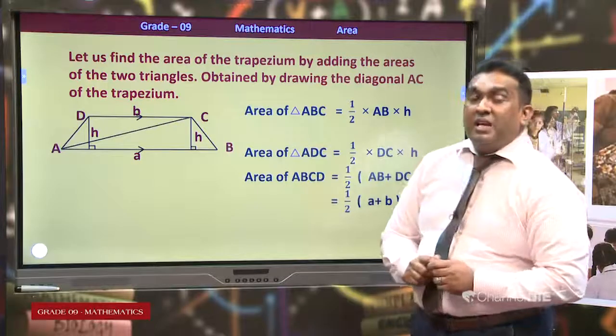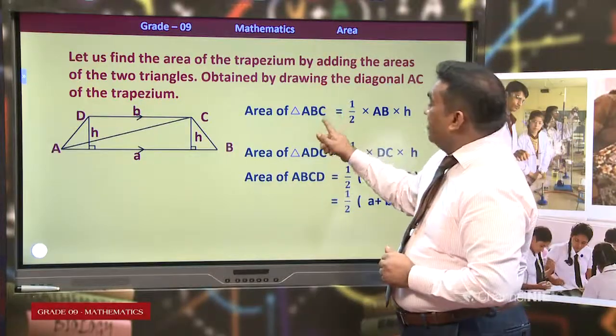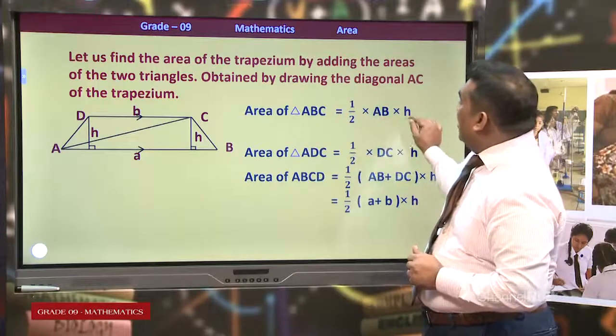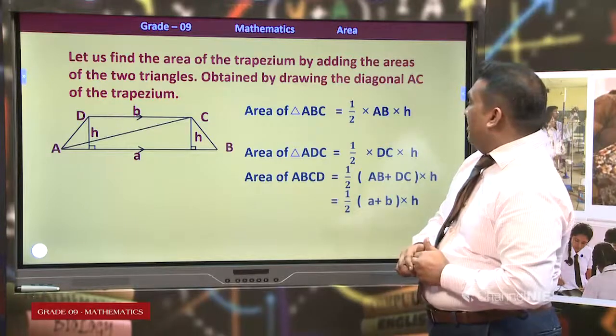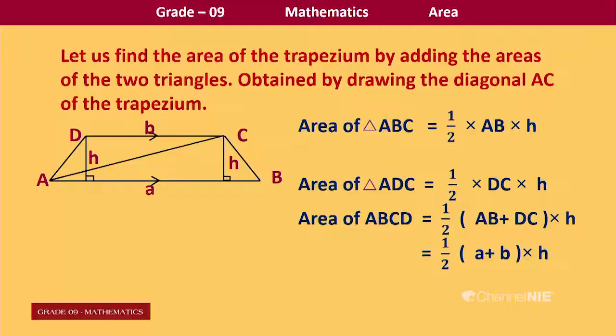Then you can develop a formula. Area of triangle ABC is equal to half into base into perpendicular height. What is the base? AB, perpendicular height is h. This is our first formula. Second one, triangle ADC.